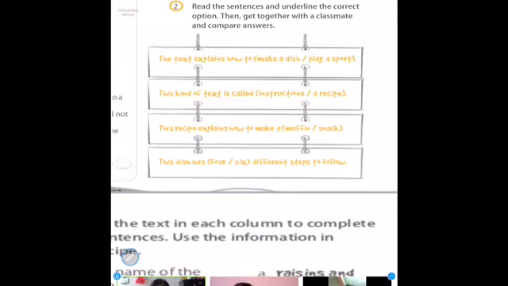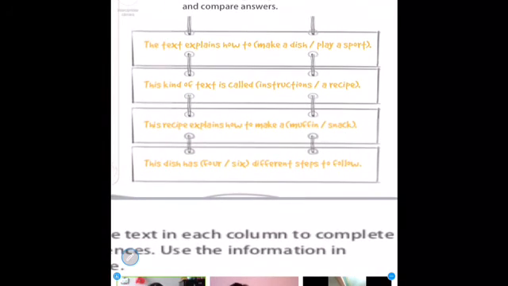Read the sentences and underline the correct option. We have to underline the correct option, okay? Then get together with a classmate and compare your answers. So, the number 1, I'm going to read the number 1 and you have to tell me which option is the correct one. So, listen attentively, guys.